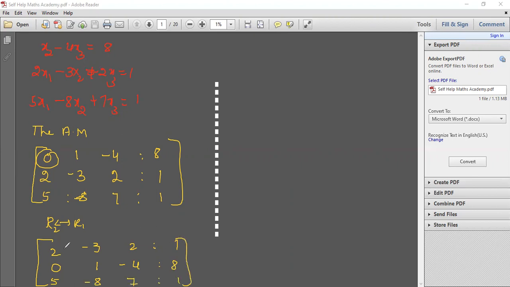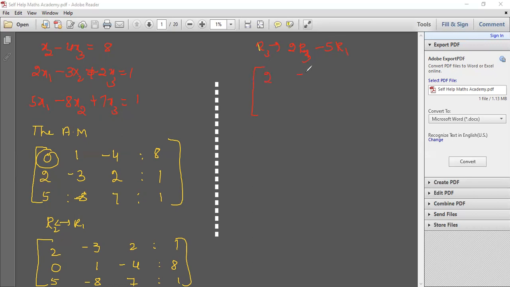Clearly, with the help of this we can make this element 0. I'll do this operation: R3 changes to 2 times R3 minus 5 times R1. Let's see what we'll get.